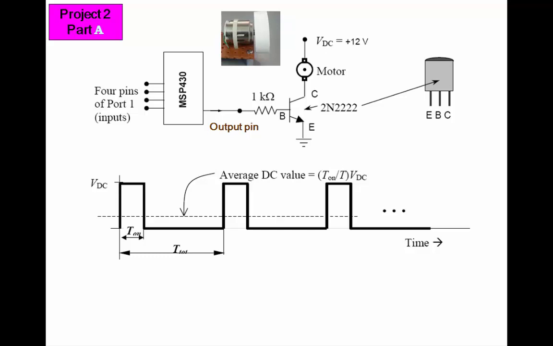Project 2, Part A, asks you to create a circuit that changes the speed of a DC motor. The little circle in the circuit schematic represents an actual physical motor, which you can sign out from the instrument window in the EK307 lab.